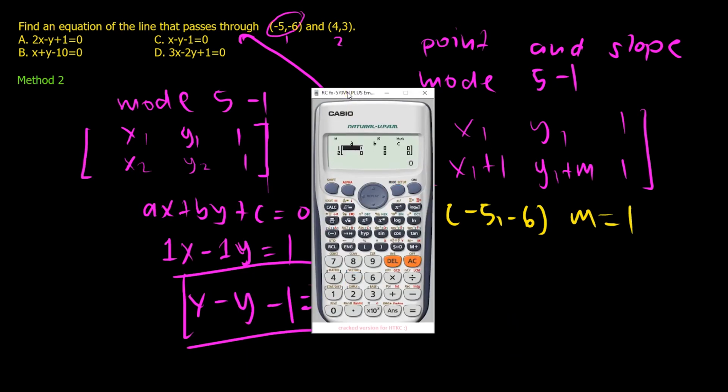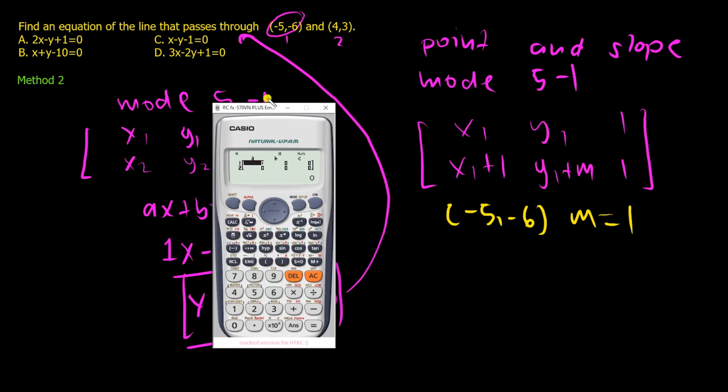Mode 5-1: negative 5, negative 6, 1, negative 5 plus 1, negative 6 plus the slope, which is also 1, 1, equal: 1, negative 1.